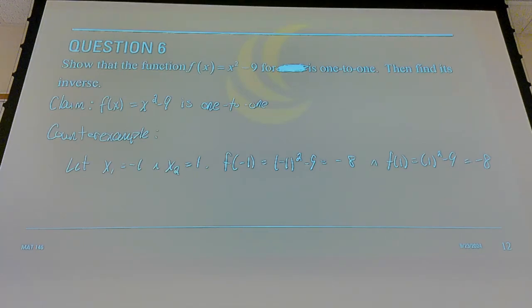But now think of what happens when I now add in that restriction.